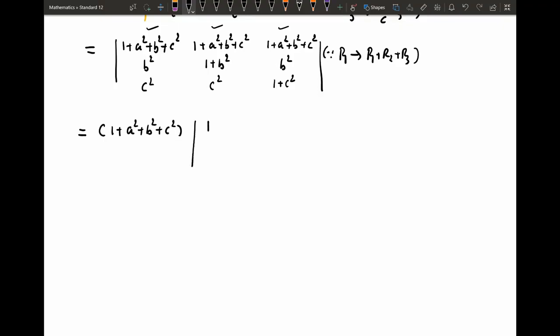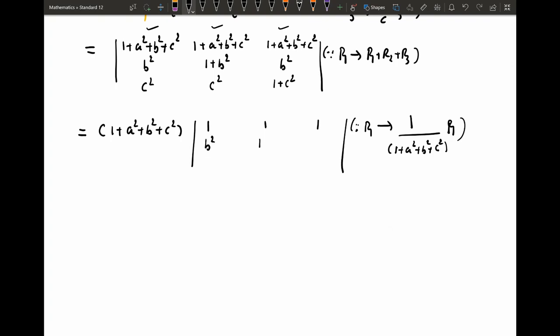So inside there will be 1, 1, 1. Symbolically we represent this by taking 1 plus A square plus B square plus C square common from the first row. This is the notation to denote it.